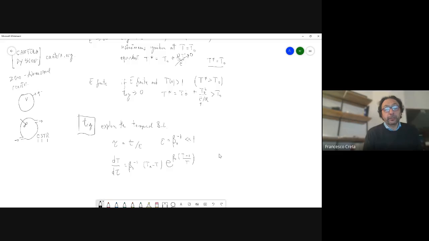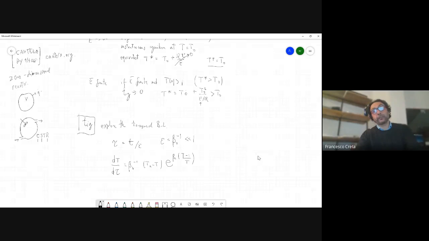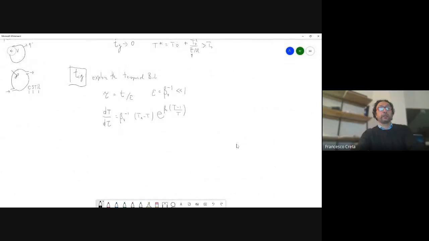T minus 1 over t. Again, I'm going to skip a few of the steps, because otherwise there's too much mathematics. You can do it. These are very easy things.